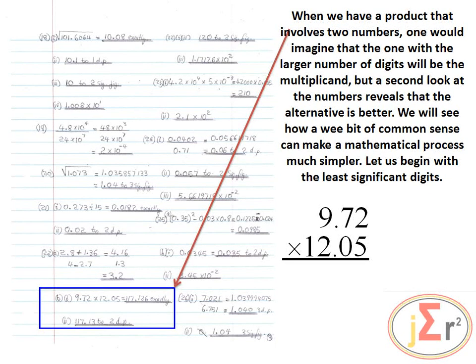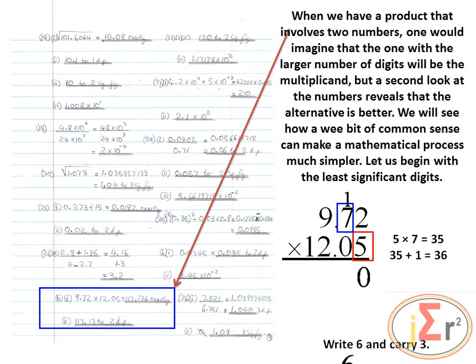Let us begin with the least significant digits. So 5 2s, 10, 0, carry 1. 5 7s, 35 plus 1 is 36, 6, and carry 3.